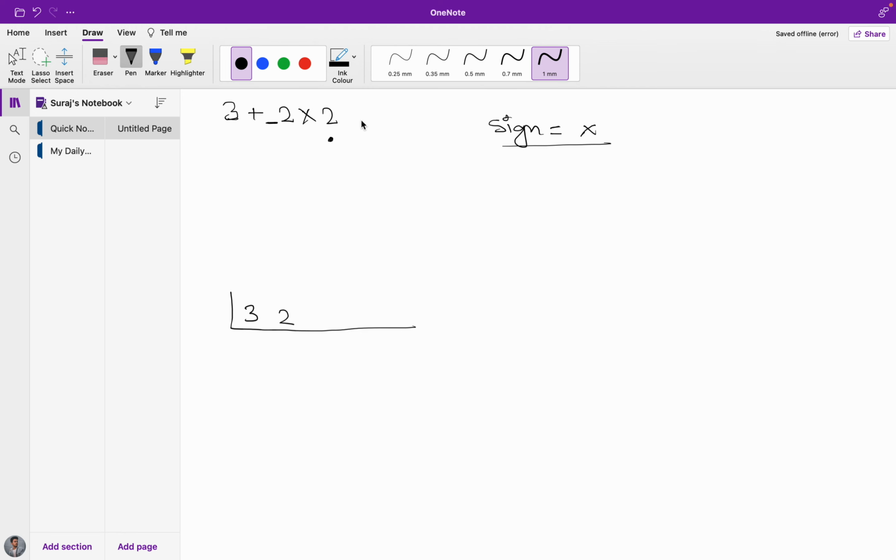Let's expand this string. I have a white space here, and I have minus 3 also. I would like to give the example for minus 3 also, so that you can clearly understand the algorithm. Now it's a 2. If previously I had a multiplication operator, then I have to multiply them first, right?